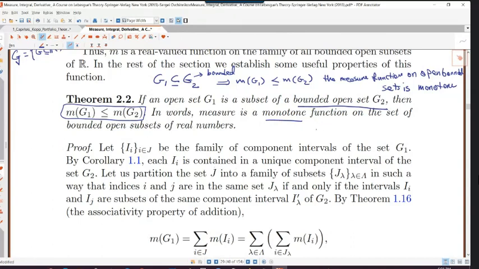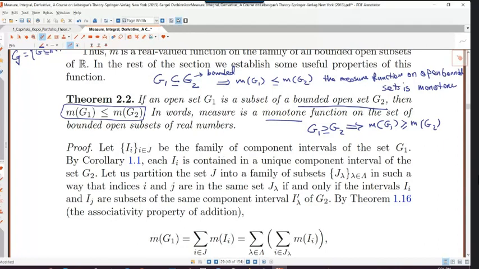If G1 is a superset of G2, then M of G1 is greater than or equal to M of G2, obviously.